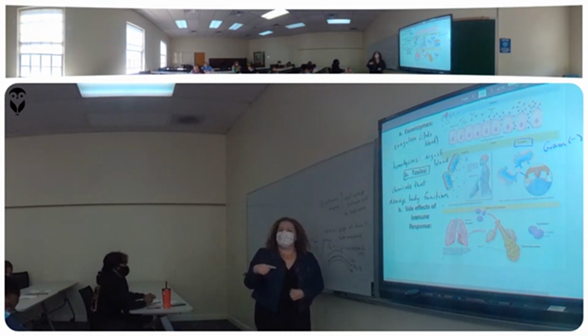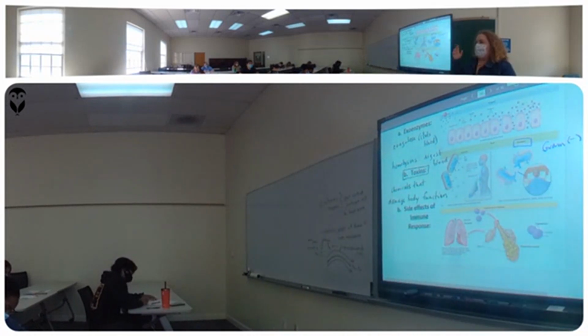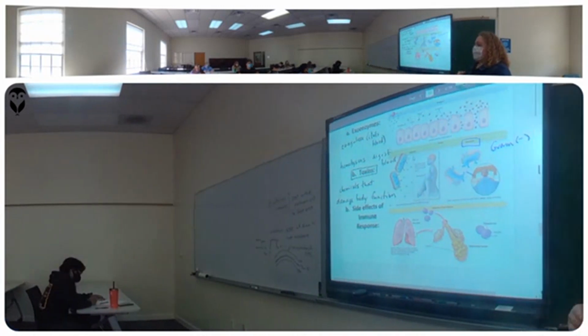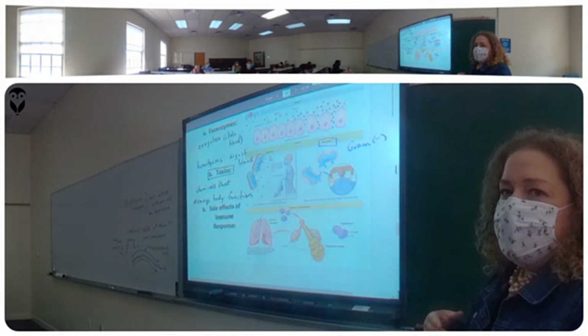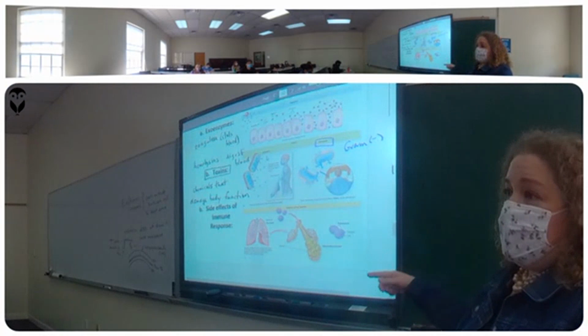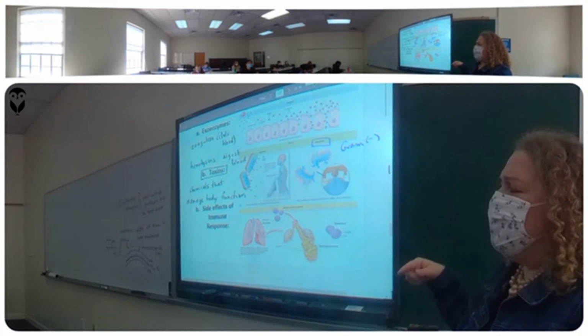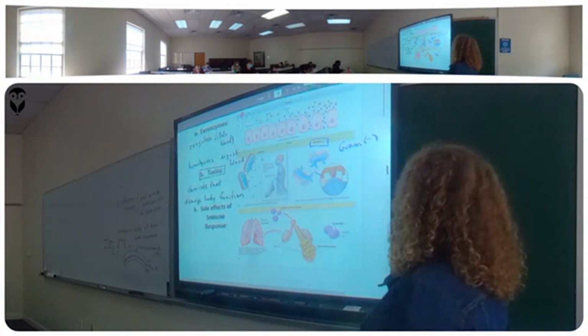So floating endotoxin is a signal to our immune system that we are completely besieged by gram-negative bacteria and we've got to fight it with everything that we've got. And we do. But fighting it with everything we've got can end up killing us.